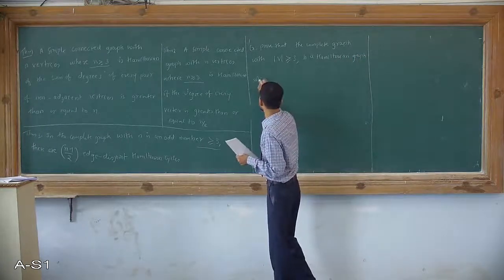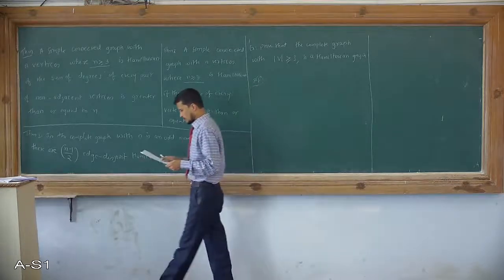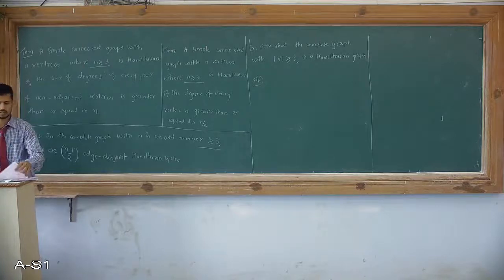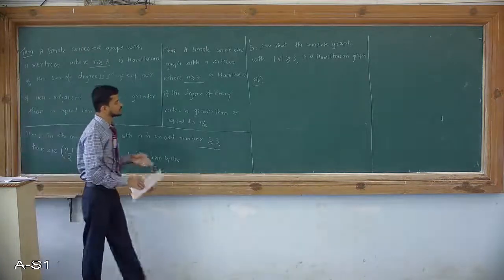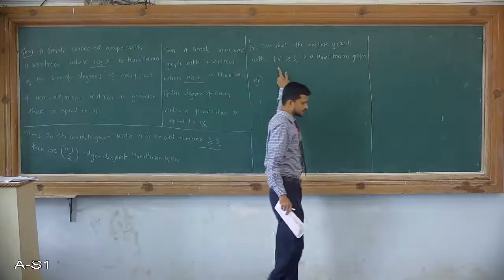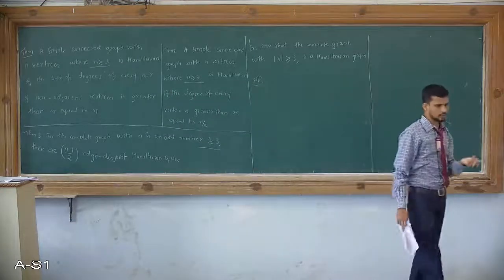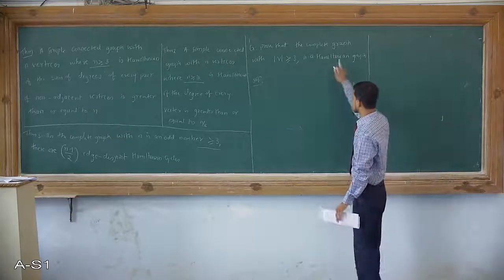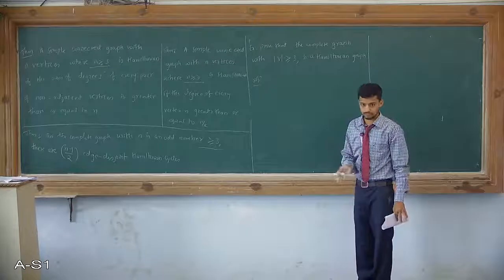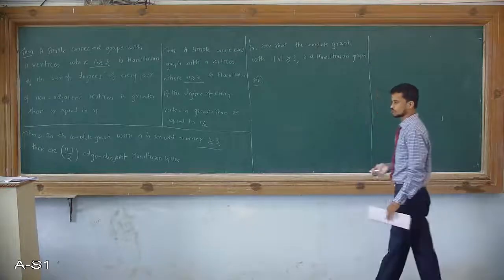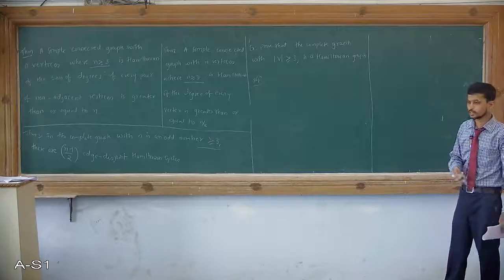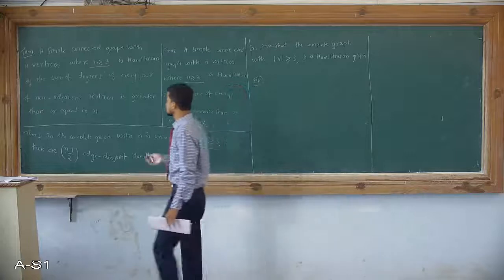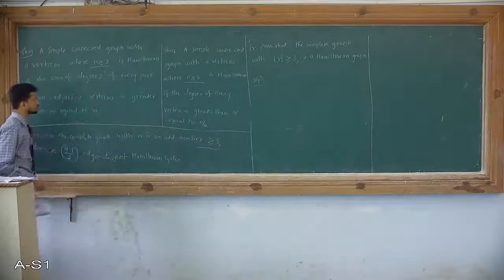Solution. Since the graph is complete and the vertex set is at least 3, it may or may not be Hamiltonian just by observing it. So we need to show that every complete graph with vertex set greater than or equal to 3 is a Hamiltonian graph. To prove that, there are three theorems I am basically using here.